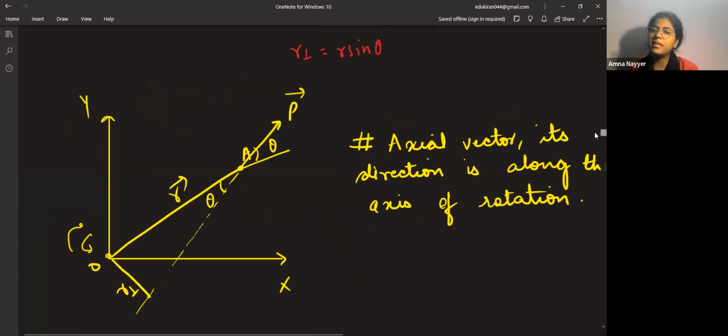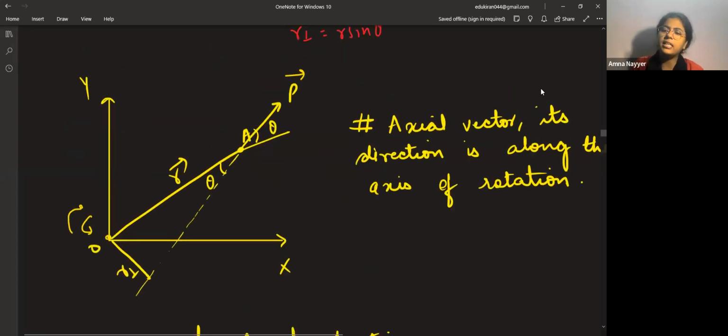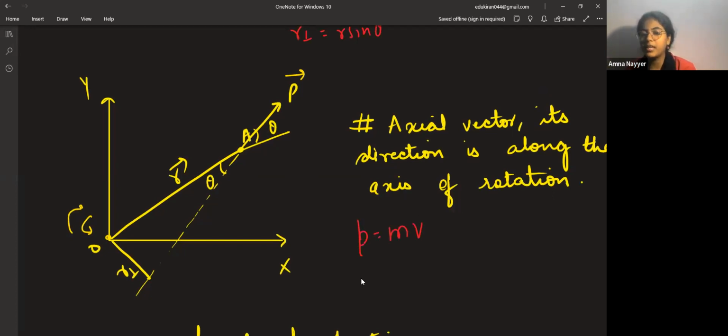So see, same diagram, same thing, axial vector, its direction is along the axis of rotation. Now see, P is equal to mv. So L will be moment of inertia times angular velocity. We have a term which we call moment of inertia. Now, the term is very misleading; it seems like something very different.